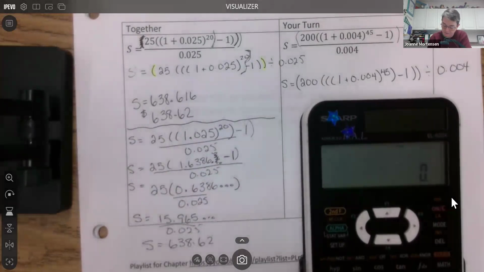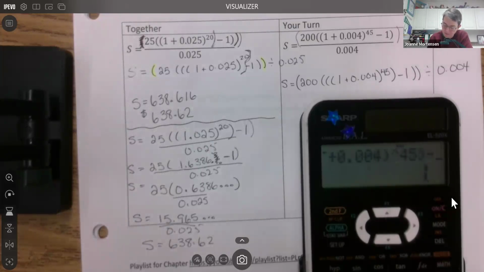Okay, let's try this. Bracket 200, 1 plus 0.004. Close my bracket. Exponent 45. Close my bracket.